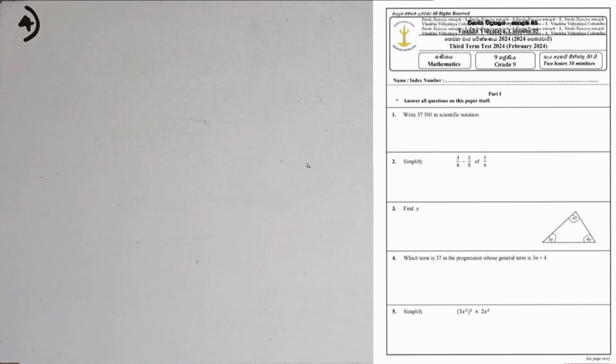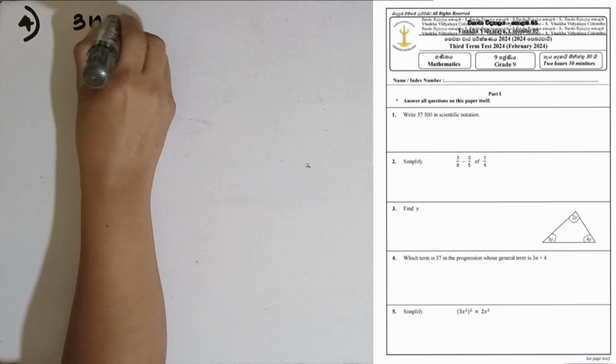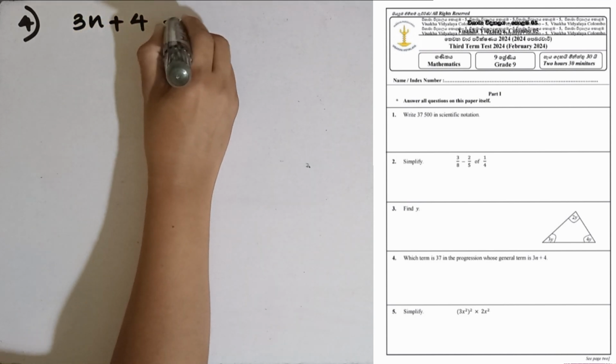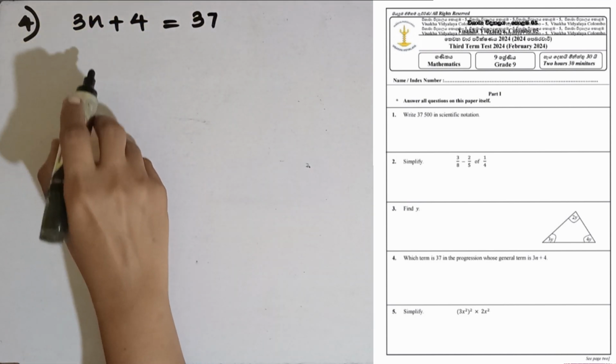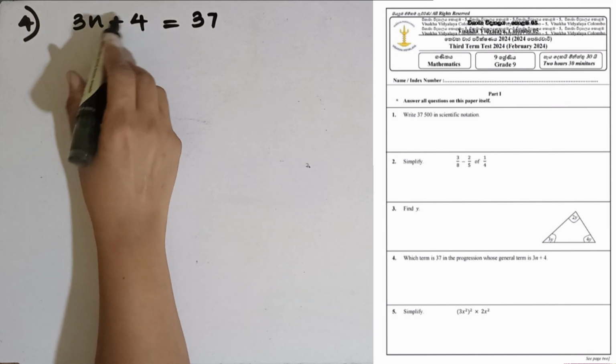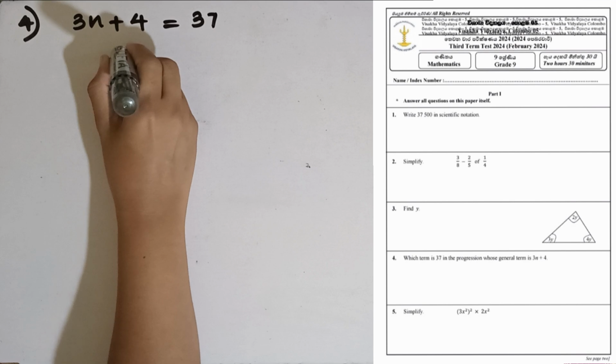Question number 4. Which term is 37 in the progression whose general term is 3n plus 4? Let's take the nth term is 37. Then we can equate the general term 3n plus 4 to 37. Now we have to find the value of n. First, this plus 4 can be removed. 4 is subtracted from both sides.